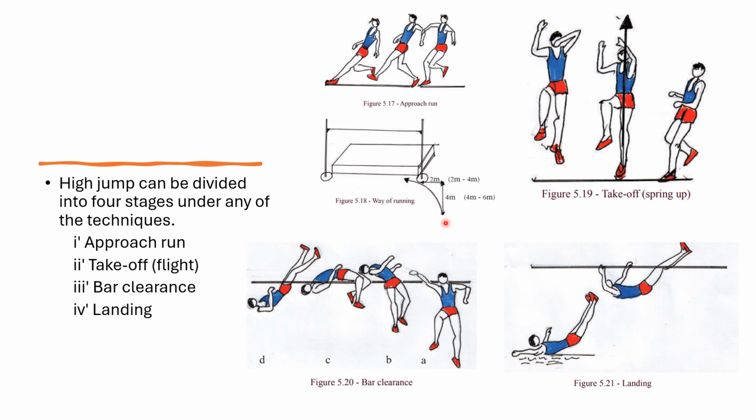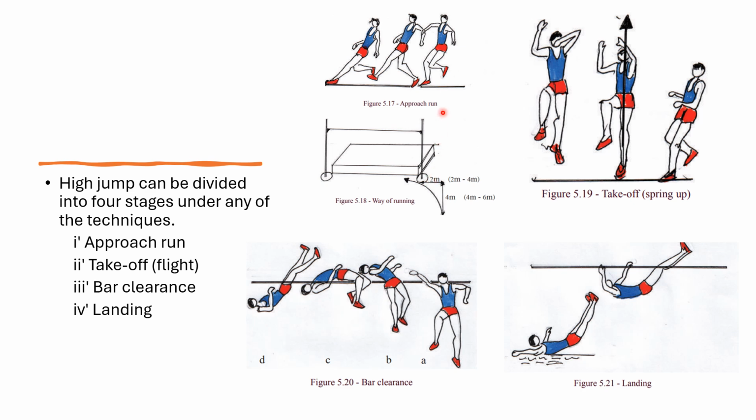The jumper takes a curved path and it's not a straight path. So in the first part of the approach run, the jumper usually gains speed, and then towards the second part of his running, he tries to control his speed in order to take off.